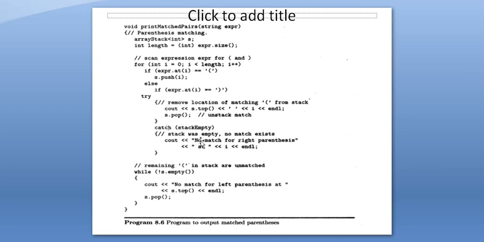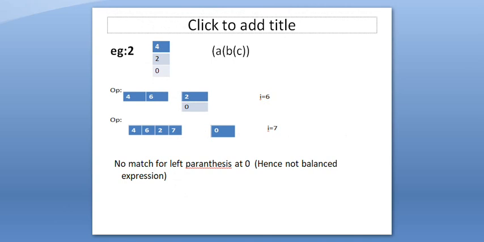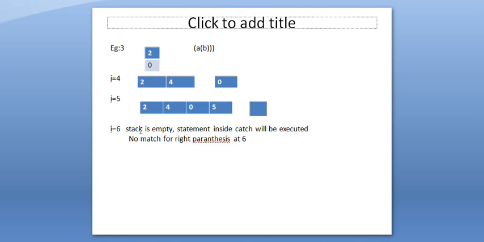In the catch clause, we print no match for right parenthesis at i. So the statement inside the catch will be executed: no match for right parenthesis at 6, because the stack is empty in this case. So you get the message no match for right parenthesis at 6, which means this is an unbalanced expression.